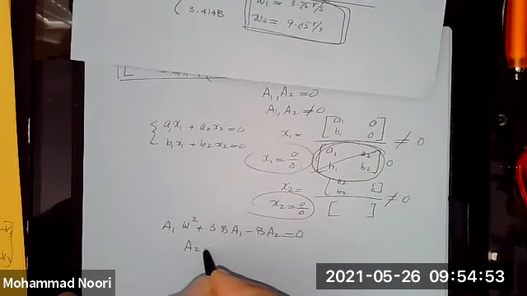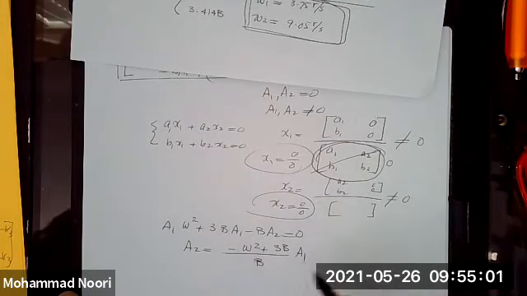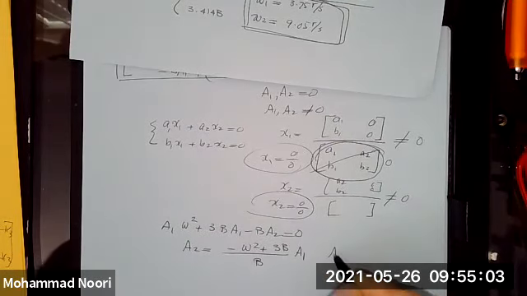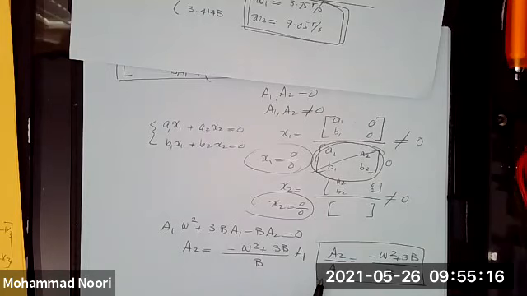In other words, a2 would be minus omega squared plus 3b divided by b times a1, or a2 over a1 is negative omega squared plus 3b over b. I can only solve for the ratio of these variables because they're not independent.